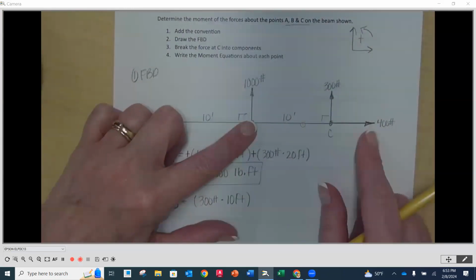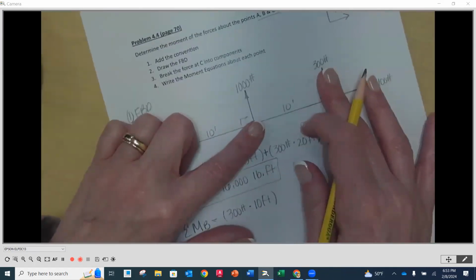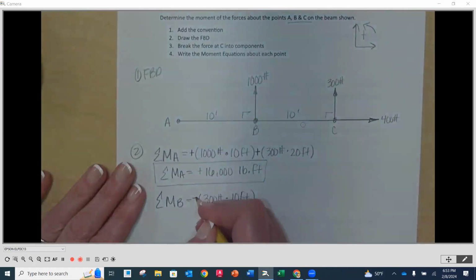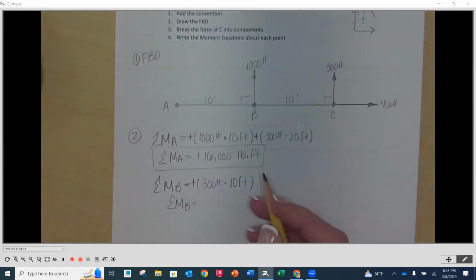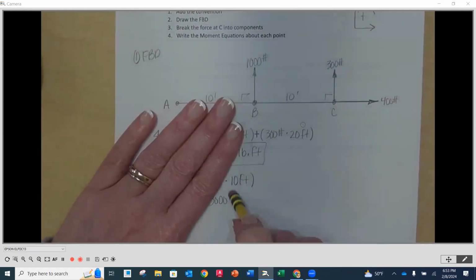And my 400 is again just going to pull. The direction of that moment is positive, counterclockwise. So the moment around B is equal to 300 times 10, a positive 3,000 pound-feet.